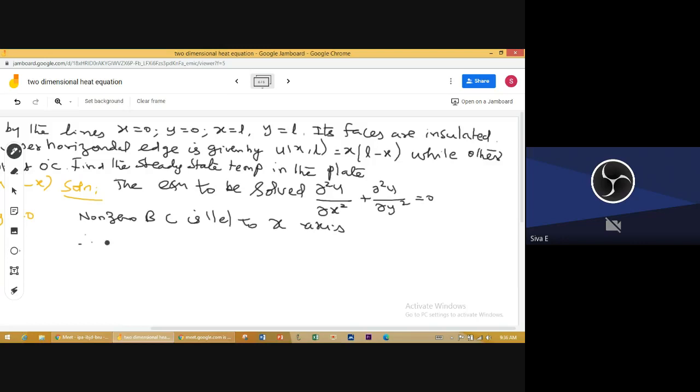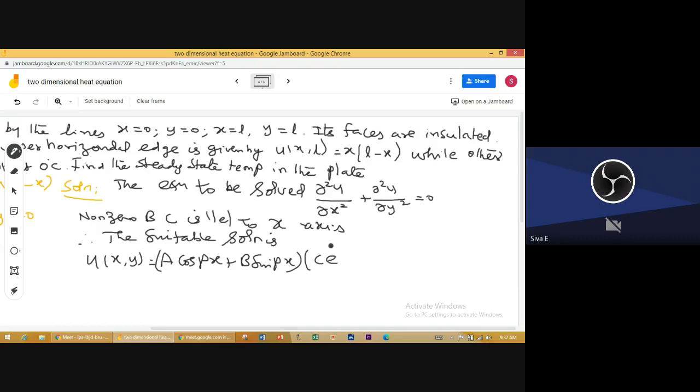Therefore, the suitable solution is u(x, y) = (a cos px + b sin px)(c e^(py) + d e^(-py)). This is equation number 1.